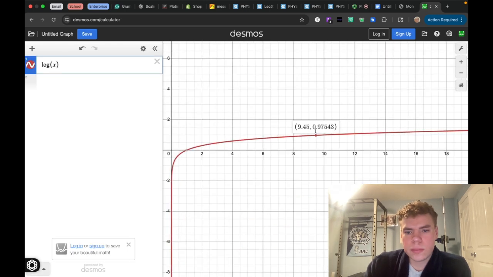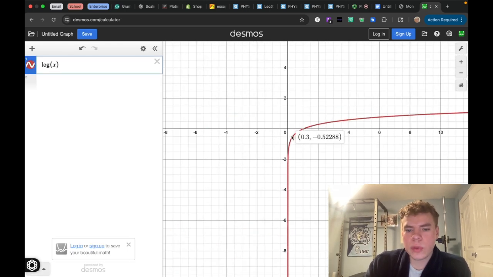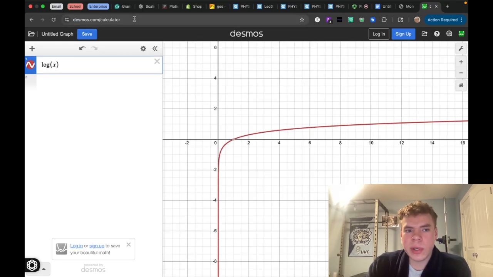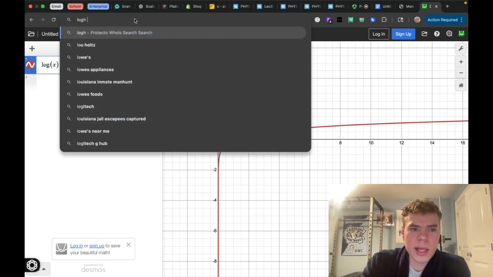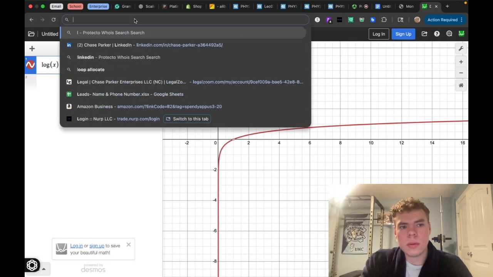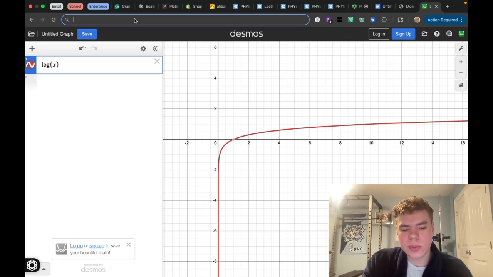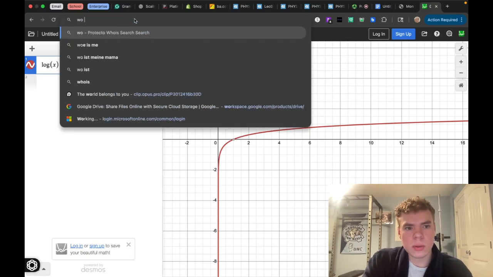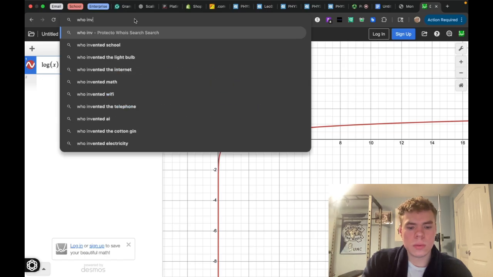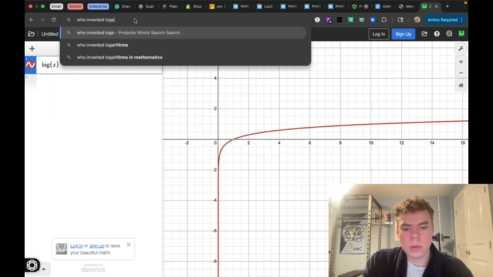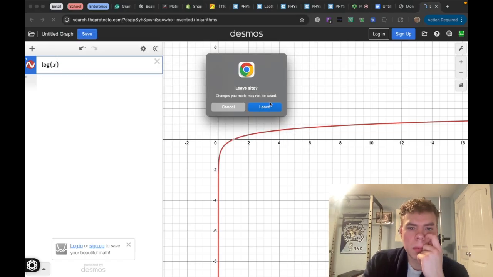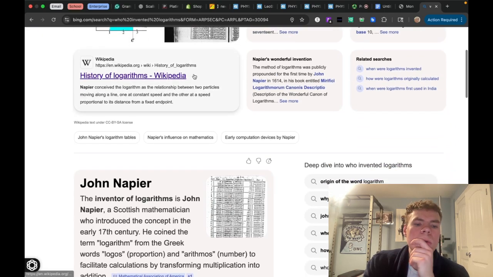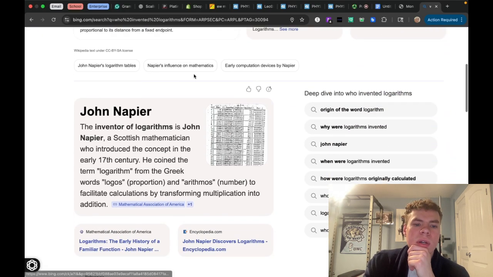Log of x. Who even came up with logarithms? Who decided the math on this that we now just use in all of our math classes and make kids study by the time they're 15 years old? Who invented logarithms? Probably some guy in the 1800s. John Napier, is that his name?